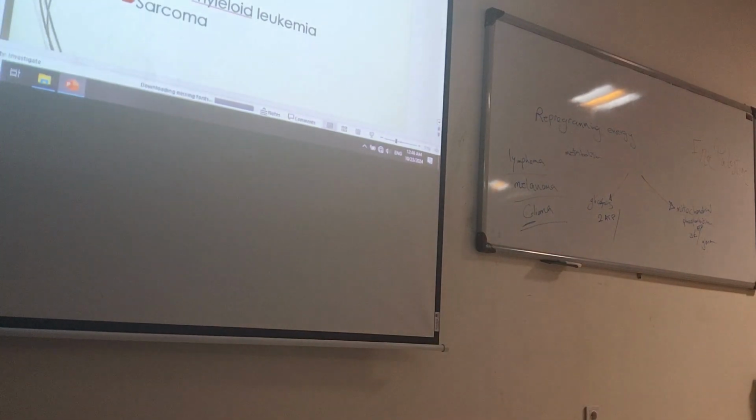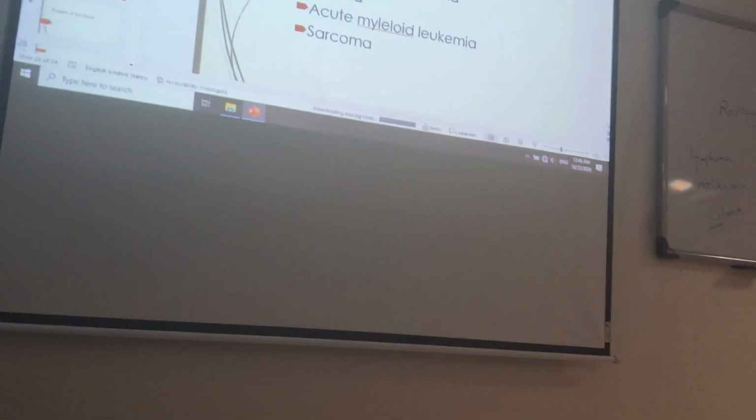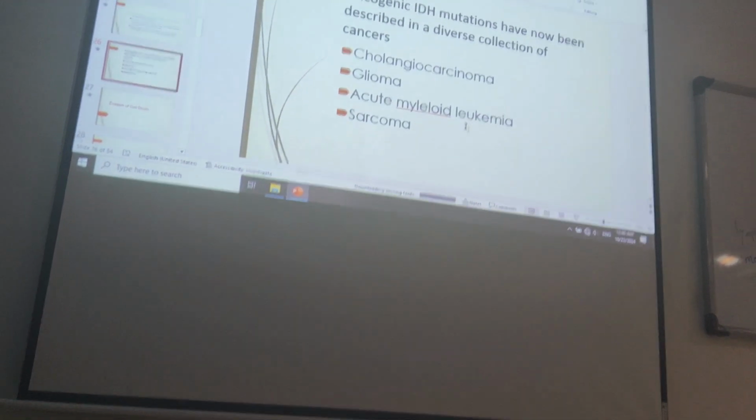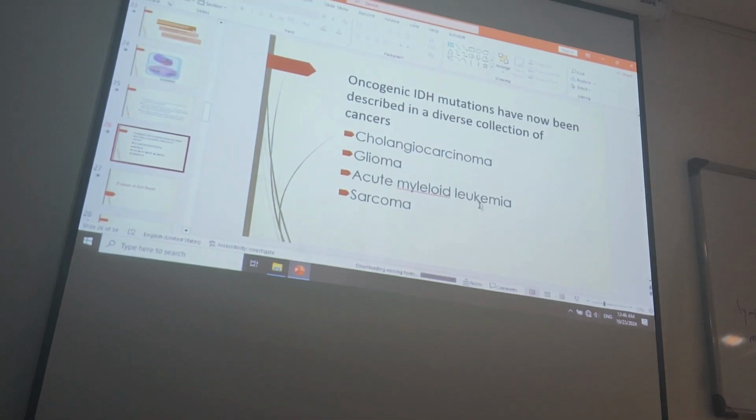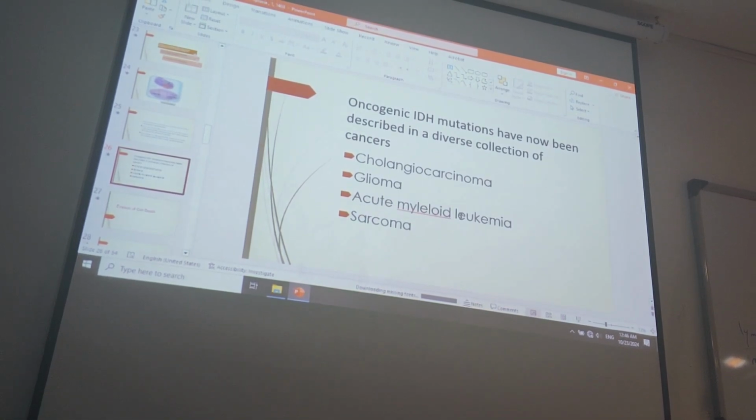Okay. And the other malignancy, as we said in the previous slide, is acute myeloid leukemia or AML, that is a subtype of malignant blood cells, malignancy from blood cells origin.